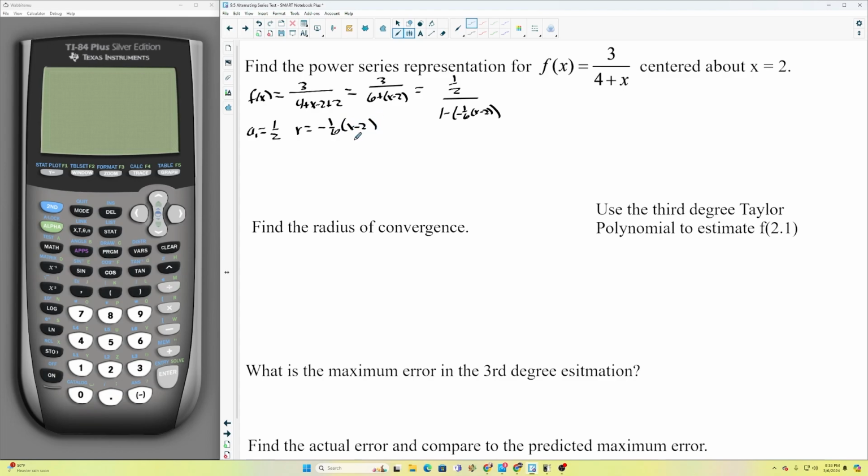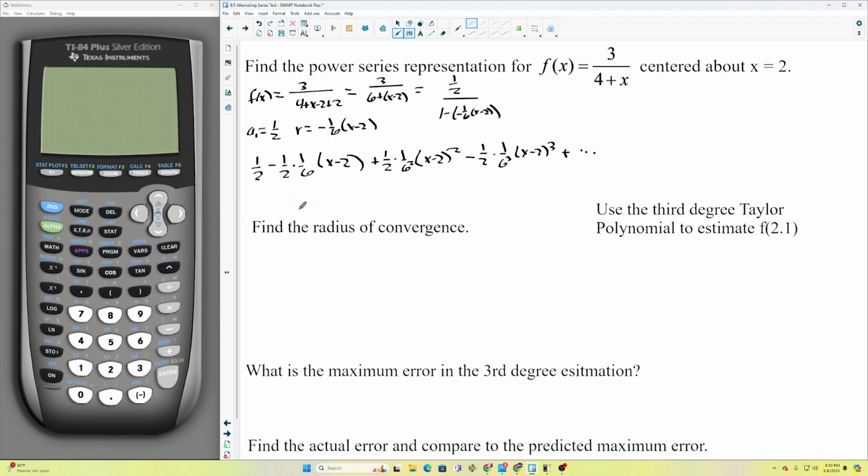Find the power series representation. So 1/2 minus 1/2 times 1/6 times (x minus 2) plus 1/2 times (1/6) squared (x minus 2) squared, and then minus 1/2 times 1 over 6 to the third times (x minus 2) to the third, plus keep on going.